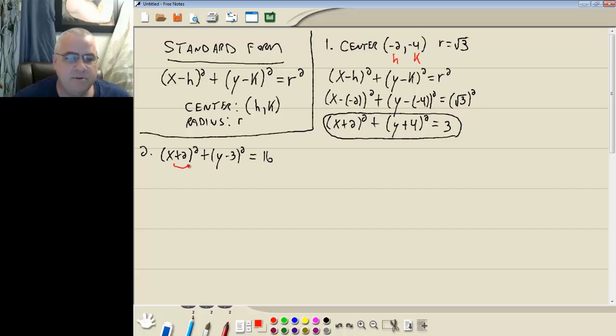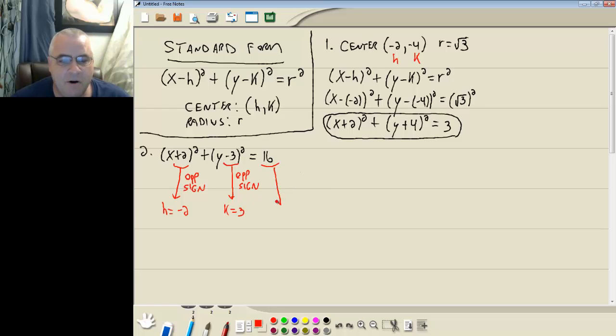Well, the h is whatever goes with our x. So this is going to give us our h, and it's always opposite sign. So h is going to be −2. Now this is going to be our k, and it's always opposite sign. So k is going to equal a positive 3.